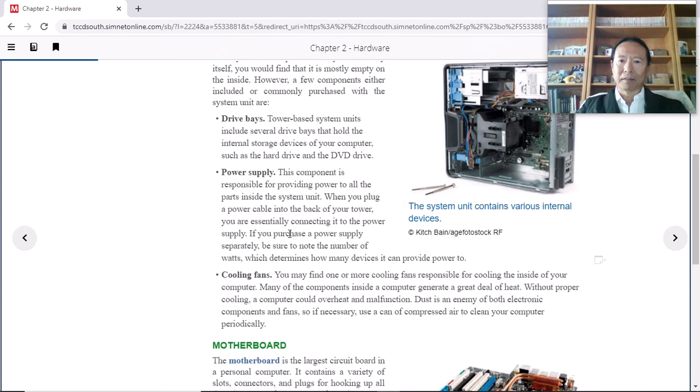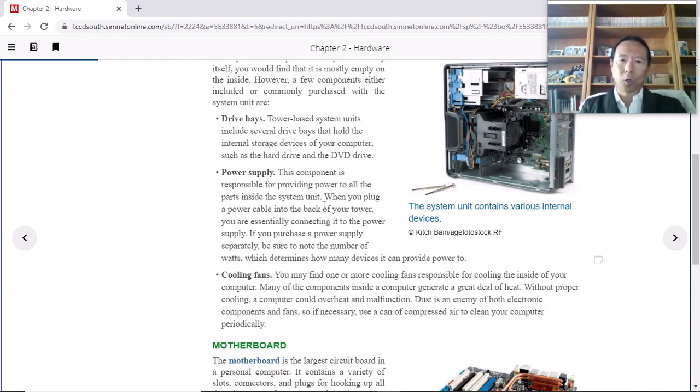Power supply, this is very important. You have two power supplies, one's AC, one's DC. AC is the wall outlet, that's your AC. And DC is your battery. Your notebook comes with a battery. The battery may last 4 hours, 6 hours.